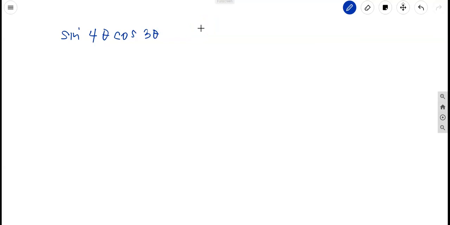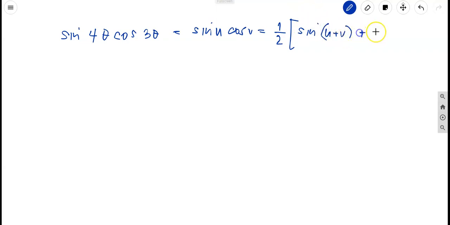We have the function sine u cosine v, which is equal to 1 over 2 times sine u plus v plus sine u minus v. So we have this formula.